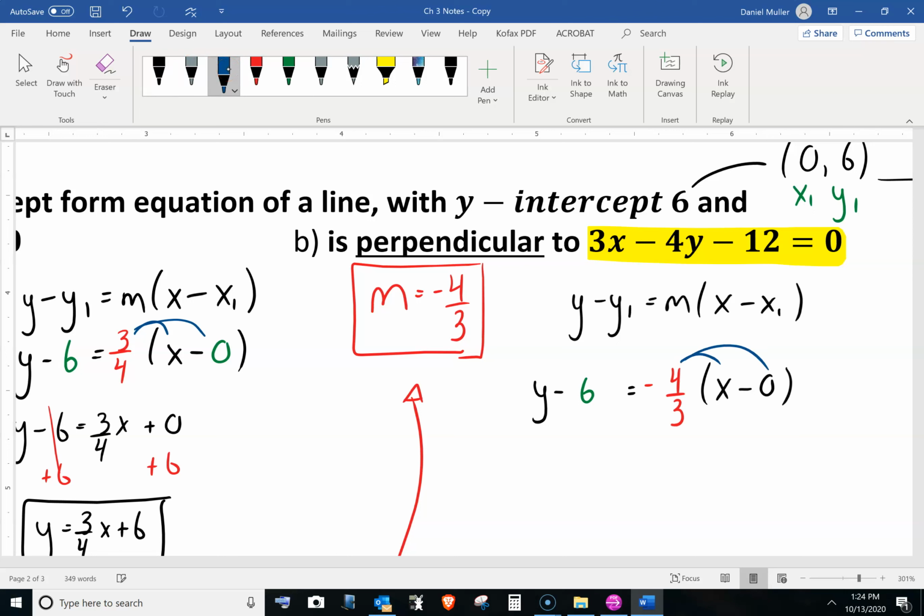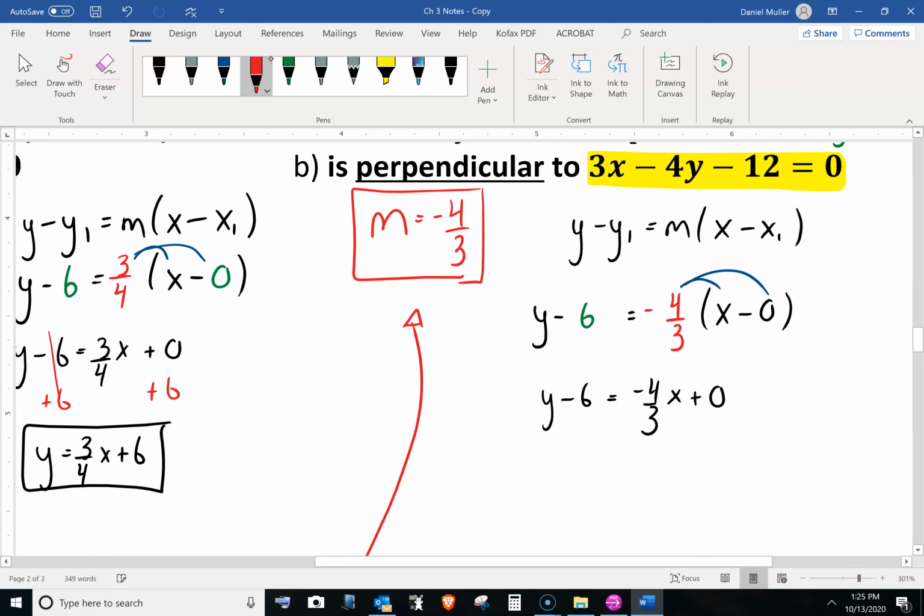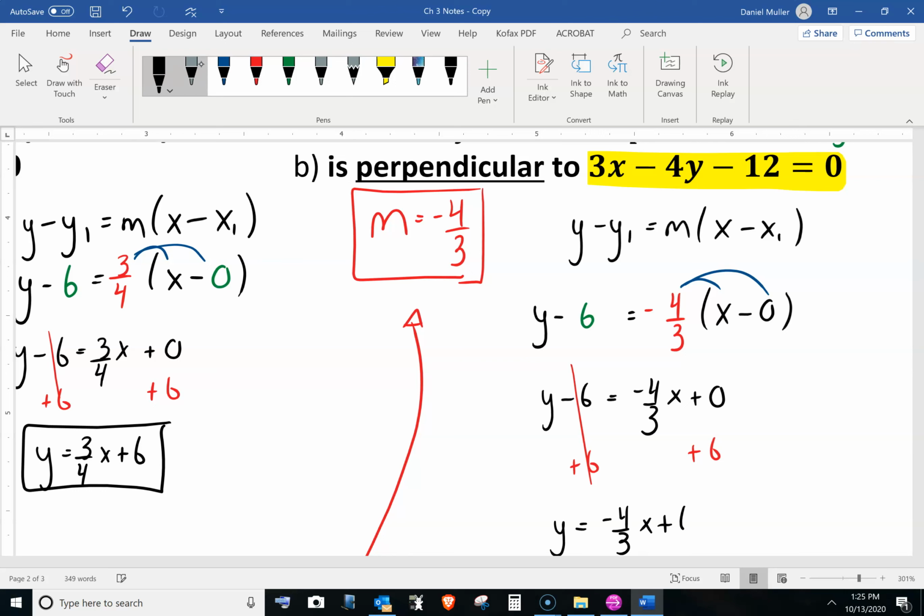So I can bring this in. y minus 6. Negative 4/3 times x is a negative 4/3x. And negative 4/3 times 0 is still going to be a 0. I usually go plus 0. And then you can add the 6 to that 0. So y equals negative 4 over 3x plus 6.